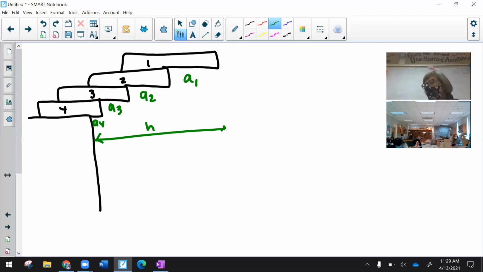Like we said, let's start at the top and find A1. The center of mass of brick 1 can't lie beyond the edge of brick 2. So this needs to be the center of mass of brick 1, and you can just draw on the picture that you have.